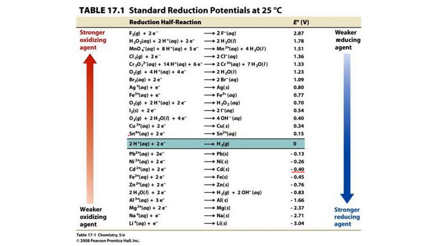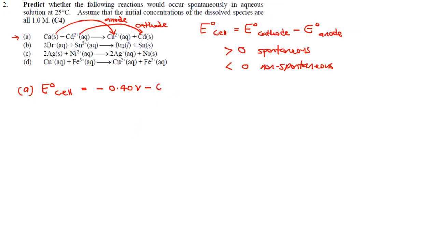Okay, never mind. Okay, so nanti I'll give you another table yang complete. Okay, minus 2.87 volt. Okay, so solving this should give you positive 2.47 volt. Okay, so the value is more than 0. That means that the reaction ni is spontaneous.